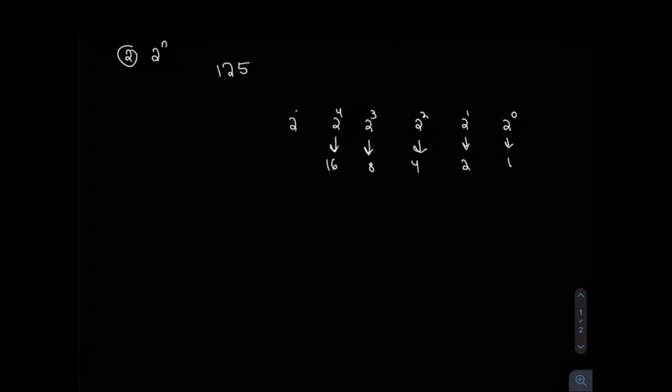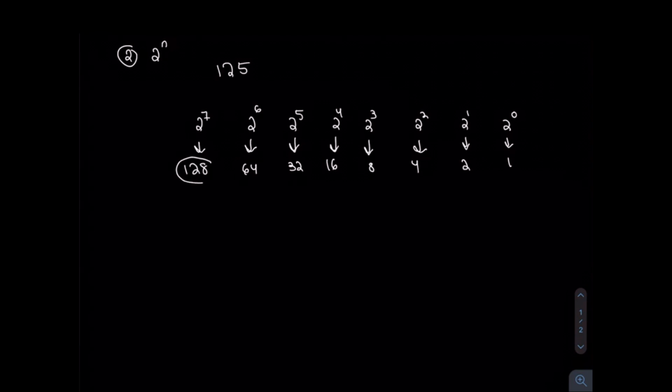2 to the power of 5 is 32, and 2 to the power of 6 is 64. Why did I stop at 2 to the power of 6? Because 2 to the power of 7 will equal 128.